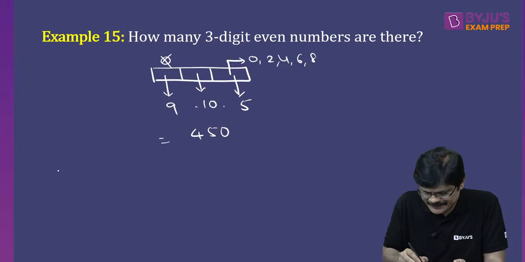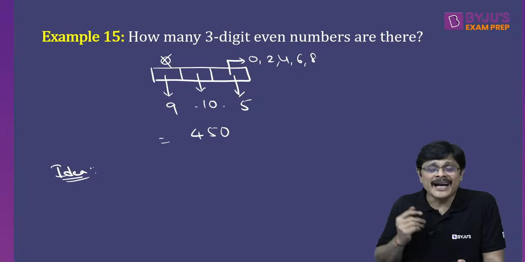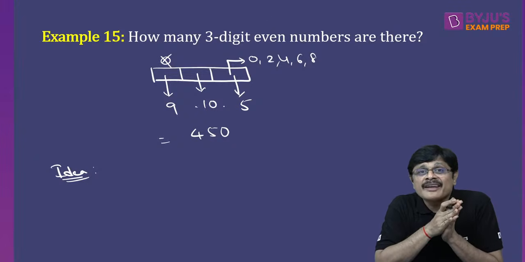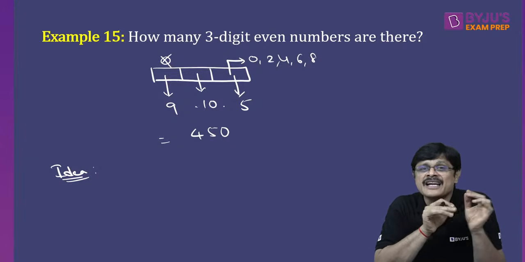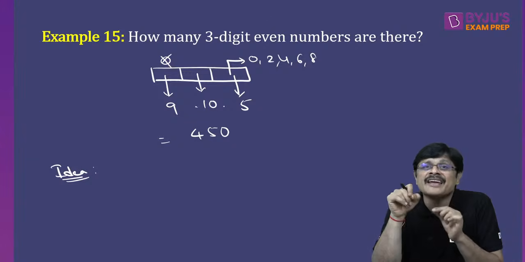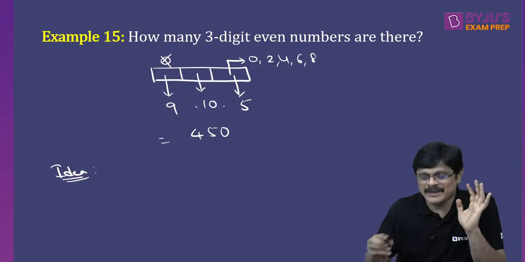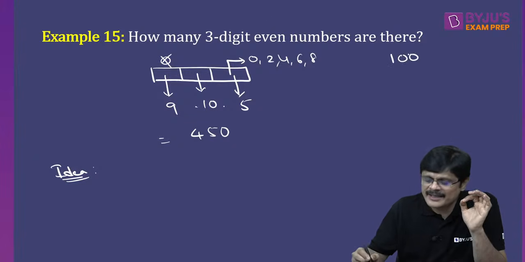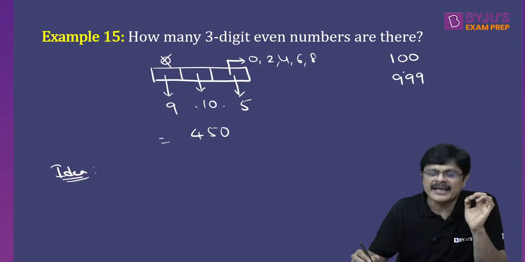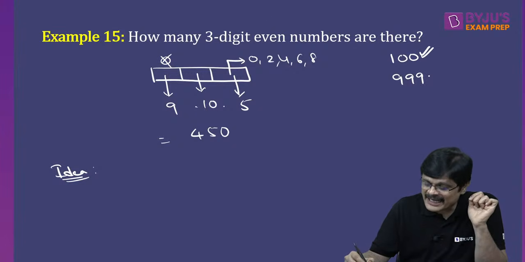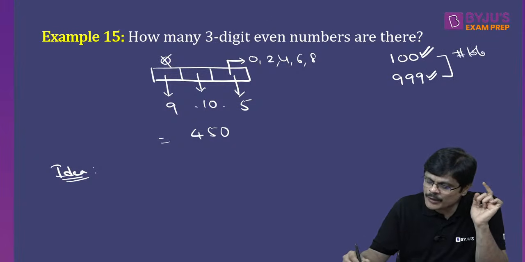But there is one more idea, because an idea can change your life. The idea is, whenever you have consecutive numbers starting with an odd number and ending in an even number, or vice versa. When you are taking 3-digit numbers, the first number is 100 and the last number is 999. We are starting with even and ending with odd. And we already saw the total is 900.